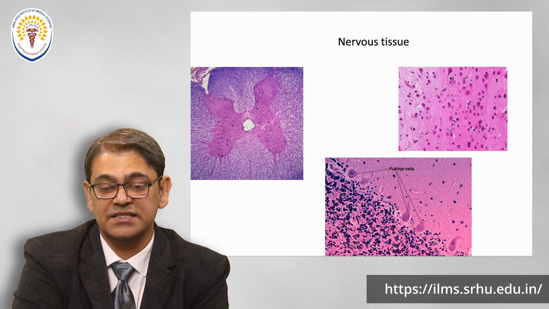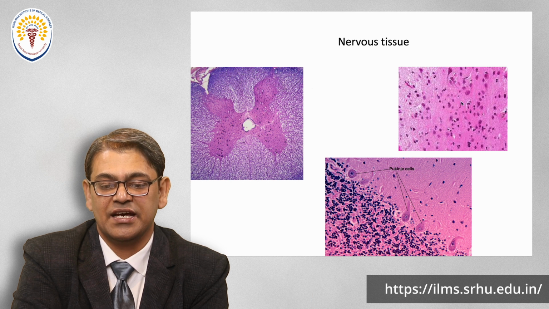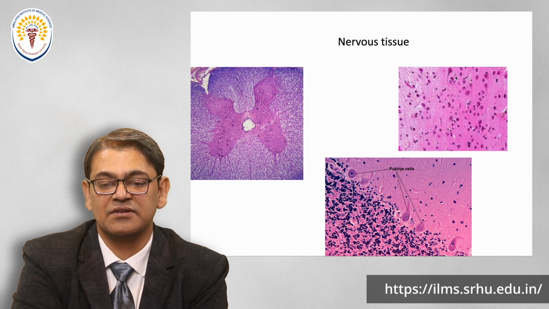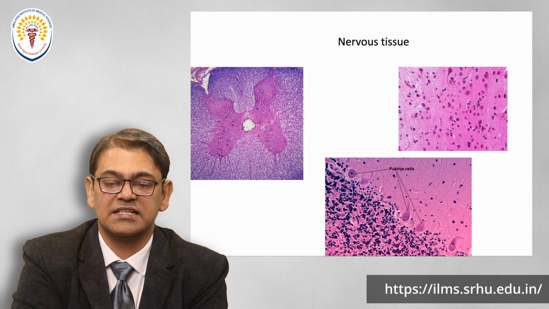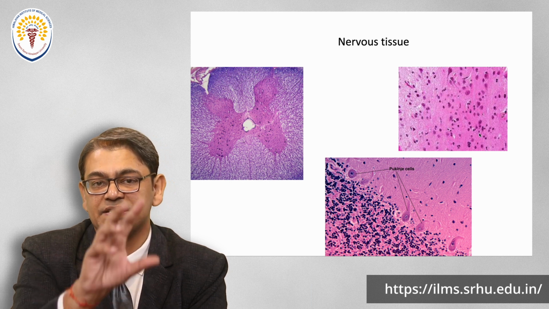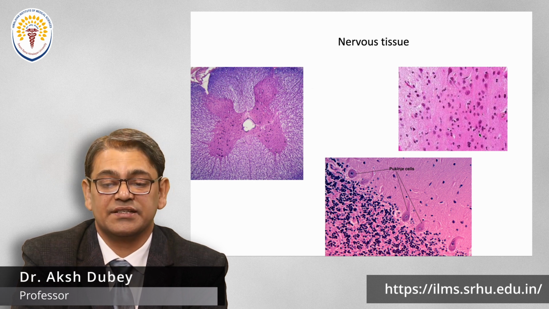Can you see this tail-like structure? This is the cell body, and this is the area where the axon has just started. Since it looks triangular, it is named a pyramidal cell. Many pyramidal cells are visible here.